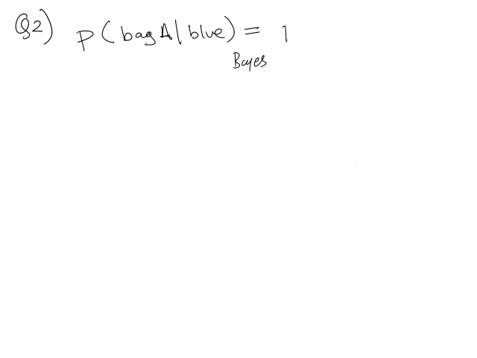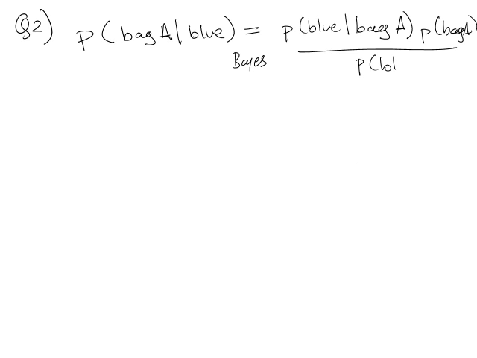So Bayes' rule says that this is the probability of getting a blue ball given that you're in bag A times the probability of bag A divided by the probability of getting a blue ball total. And these are all numbers that we know, right? So that we wrote a couple of slides ago. The probability of getting blue if you're in bag A is a half.